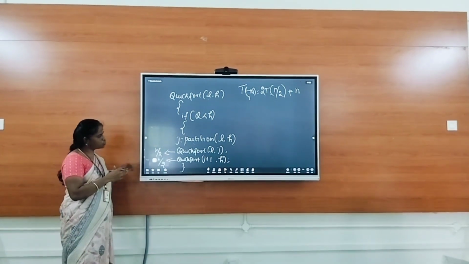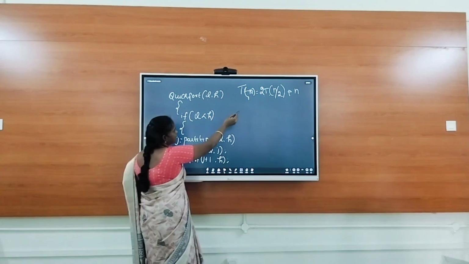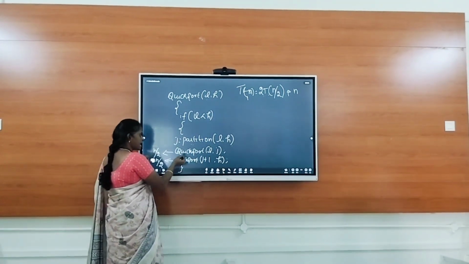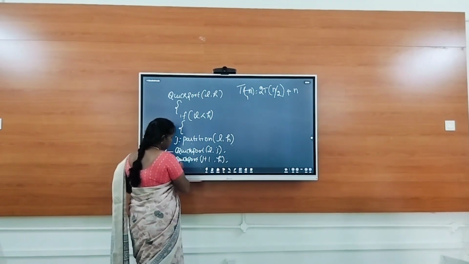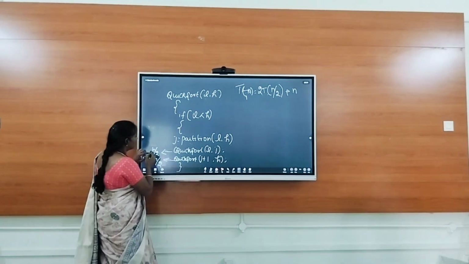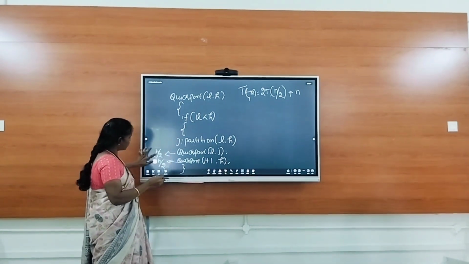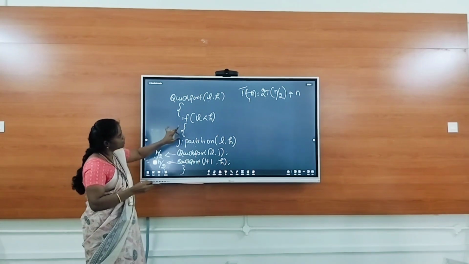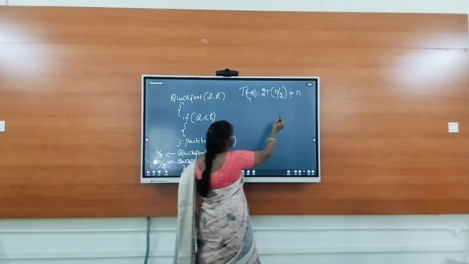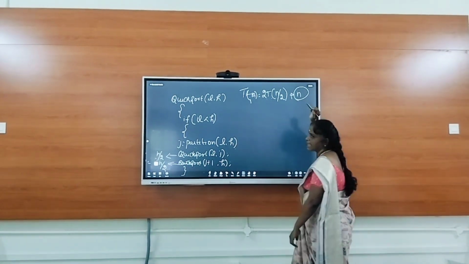We perform the sort on the two subarrays, so T of n by 2 is the time taken for the left side of the array and the time taken for the right side of the array. That is 2T of n by 2, and n is the number of comparisons required for the arrays.